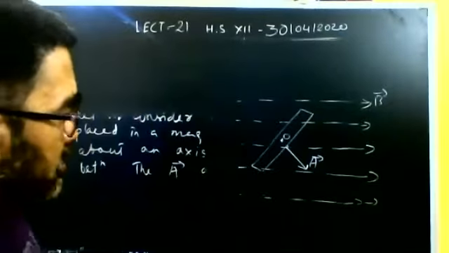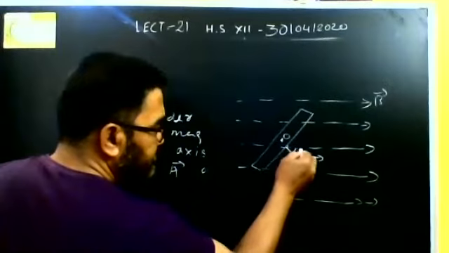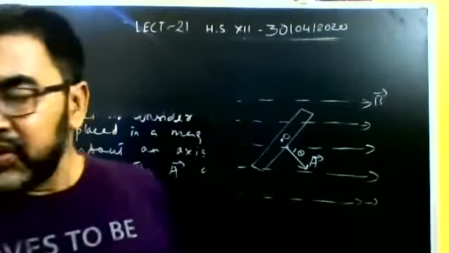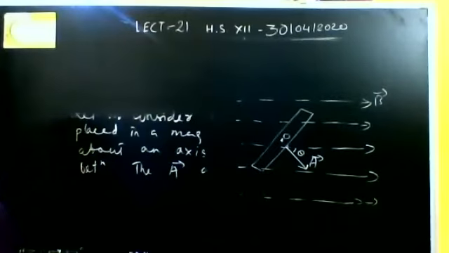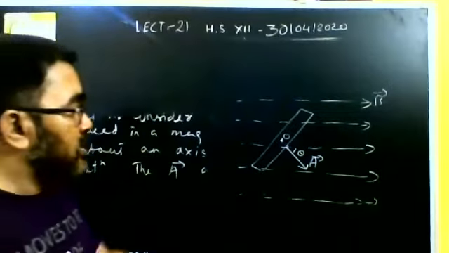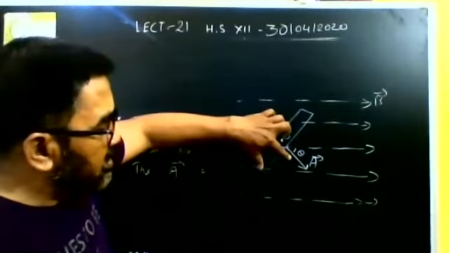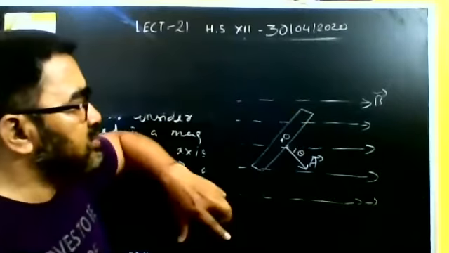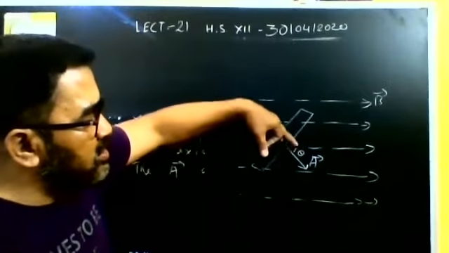So the angle theta is the angle between the magnetic field and the area. This direction makes an angle theta.